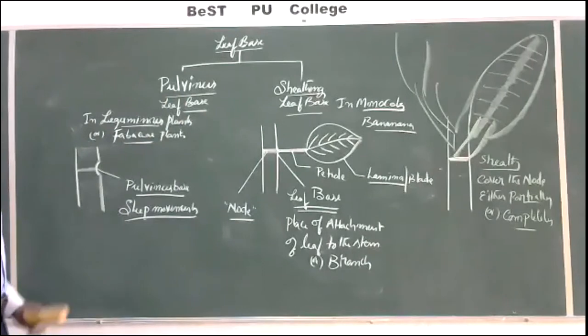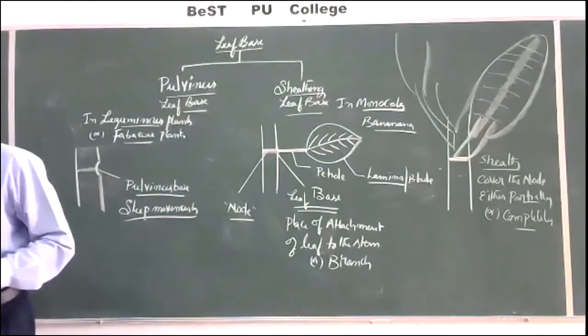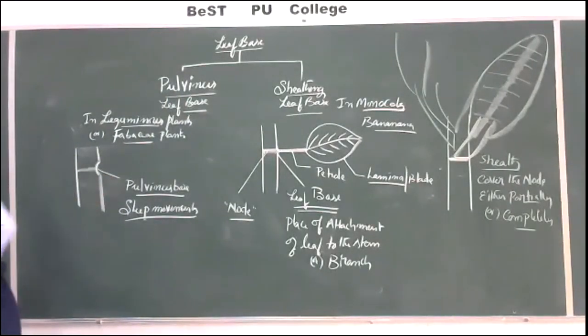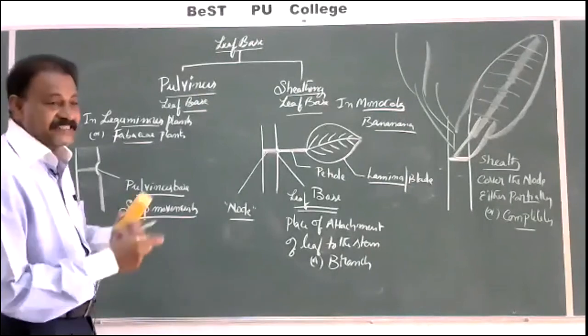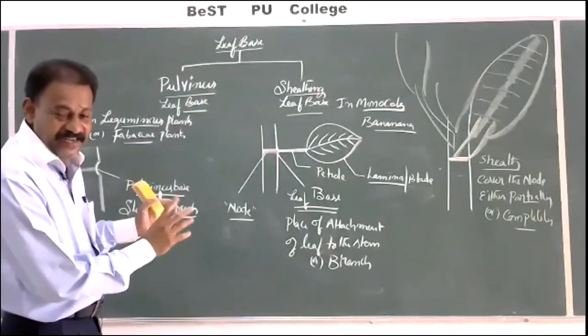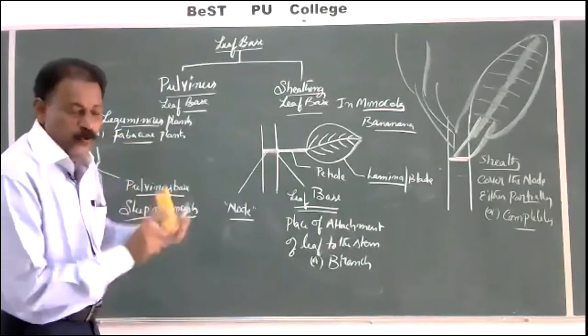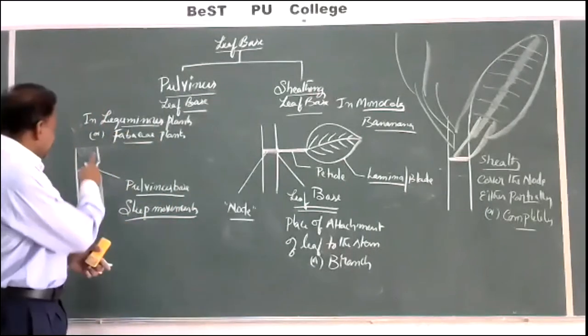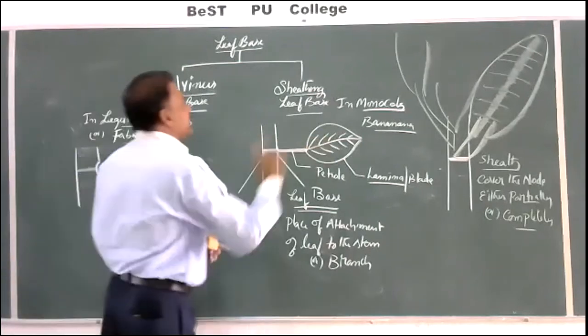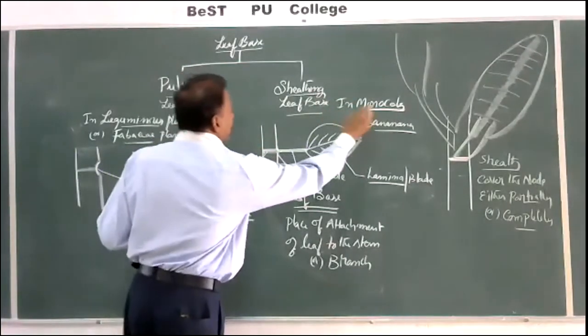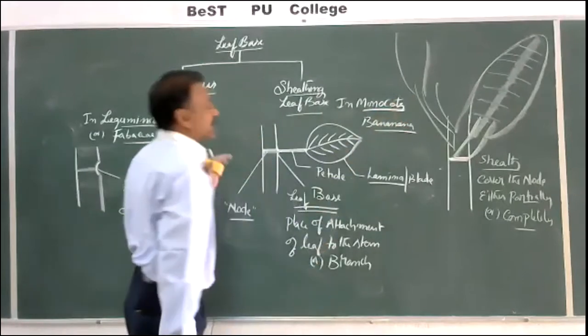Generally, leaf base is the first part of the leaf where a leaf is attached either to the stem directly or to the branch, especially at a particular region called node. This is pulvinous leaf base, sheathing leaf base, in monocots like banana.